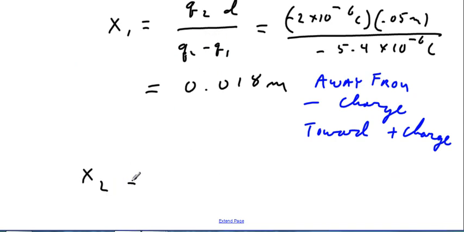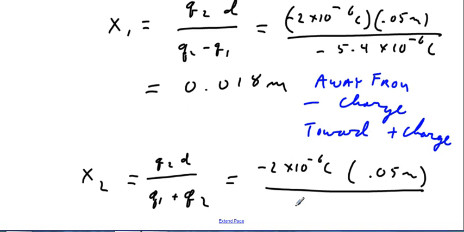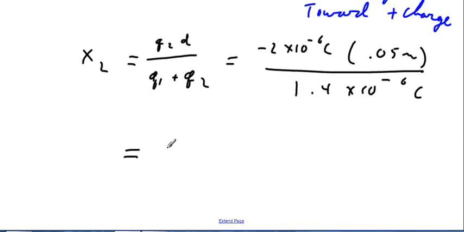So x2 is going to be q2d divided by q1 plus q2, and I'm going to end up with minus 2 times 10 to the minus 6 coulombs, 0.05 meters, divided by 1.4 times 10 to the minus 6 coulombs, and I end up at 7.1 centimeters.